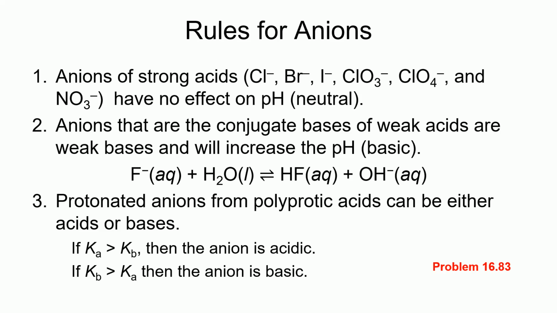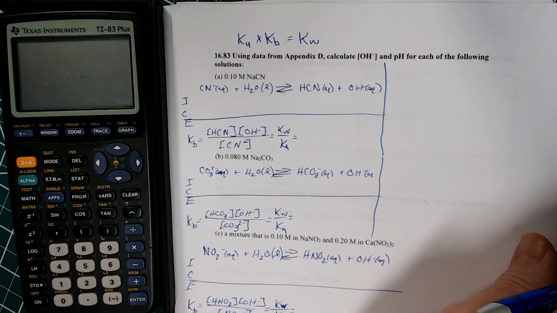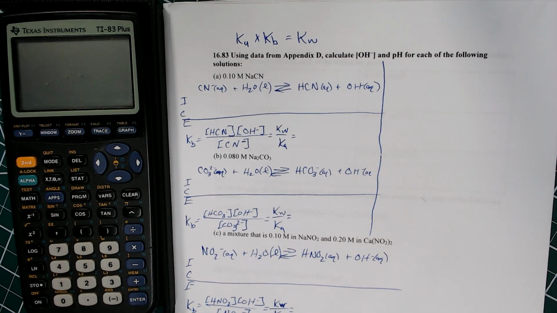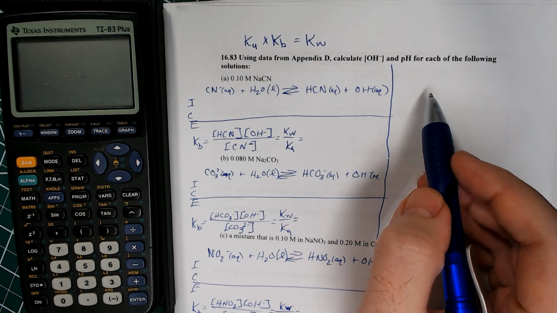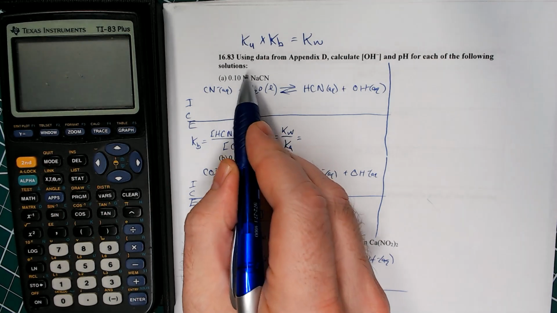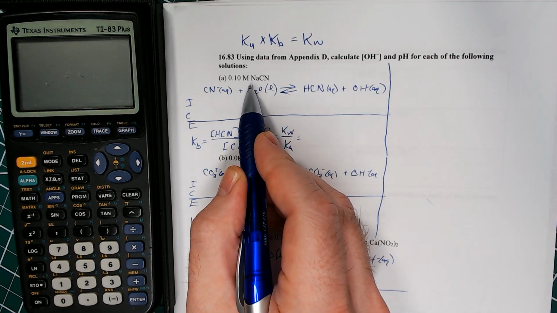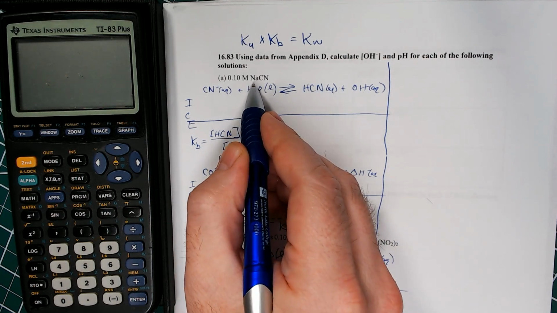So let's look at number 83 on the in-class assignment. You can see here that I have already done the equilibrium equations for these. So here we've got the compound sodium cyanide.